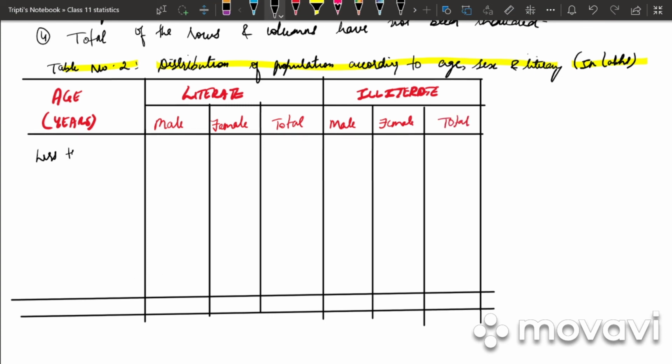So first age will be less than 20 years. Then we have 20 to 30, 30 to 40 and last is 40 and above. And this will be our total column. So this is how our table will look like.